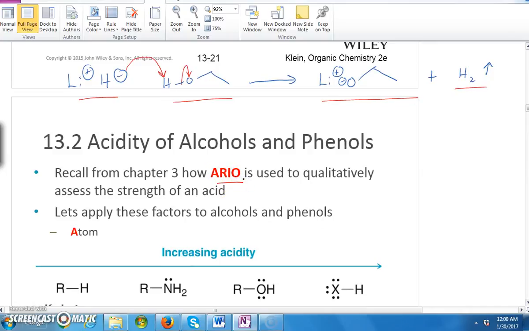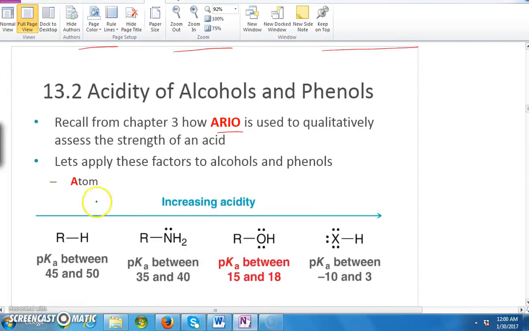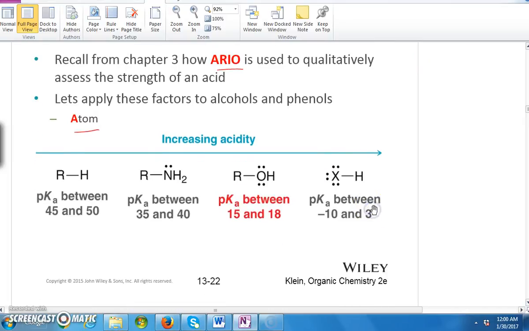Now, we've talked about pKa. It's used to qualitatively assess the strength of an acid. And don't forget, the A applies to the atom. In this case, you can see you have increasing acidity, pKa of 45 to 50 for alkanes. Look at alcohols, pKa of between 15 and 18.